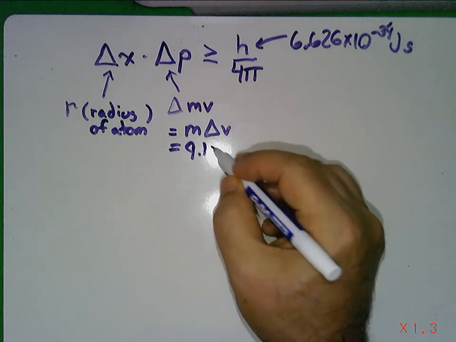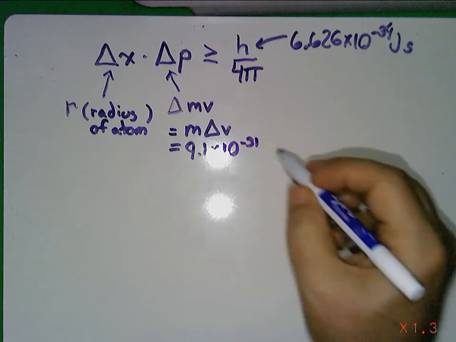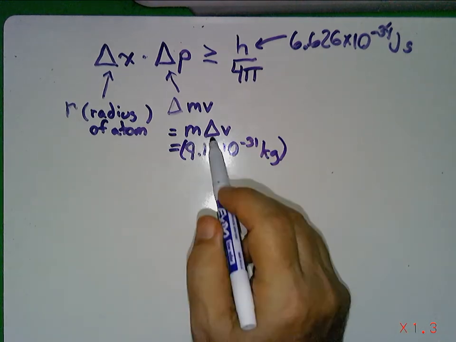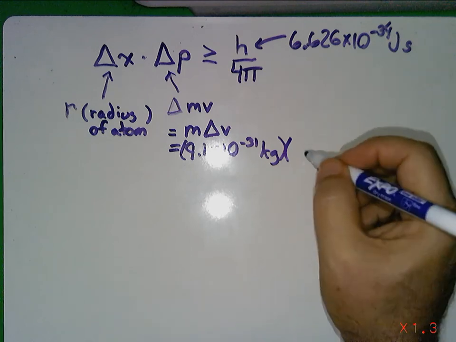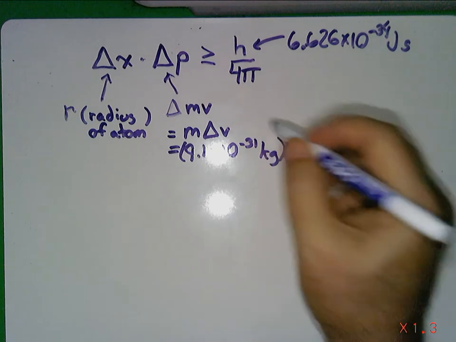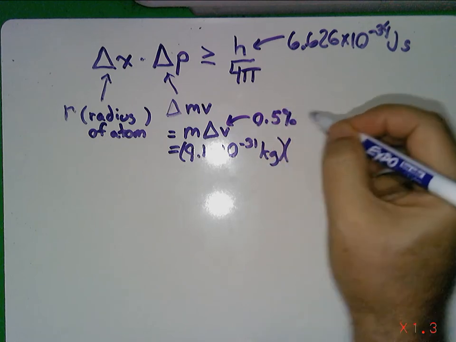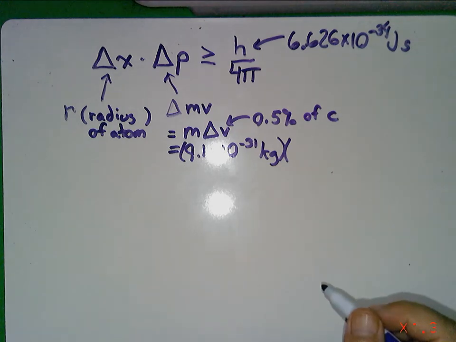It's going to be the mass of the electron, which happens to have a value of 9.1 times 10 to the minus 31 kilograms, times the uncertainty in the speed. Let's say it's about 0.5% of the speed of light. C is the speed of light.